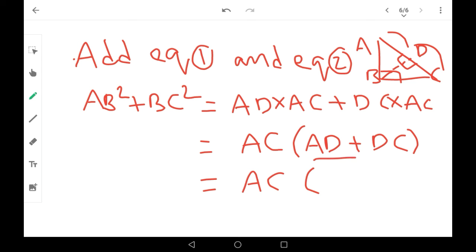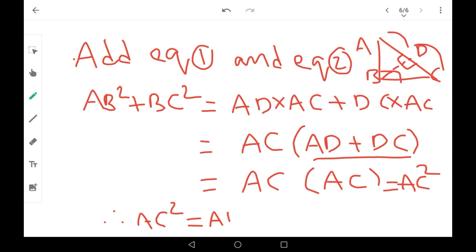So instead of this I can write AC. AC into AC will become AC square. Hence what I got? AC square is equal to AB square plus BC square. That is what we had to prove. Hence we have proved the Pythagoras theorem. Hope you all have understood. Thank you.